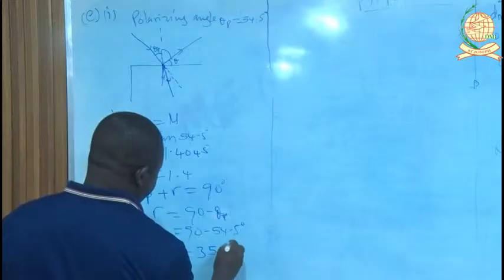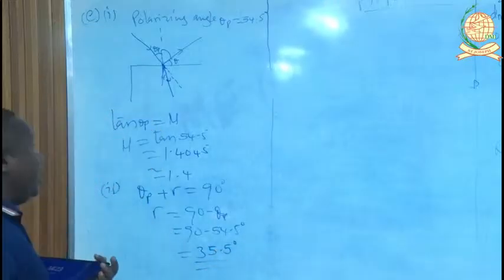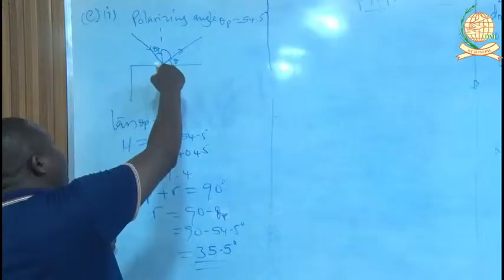So this is the angle of refraction for the transmitted ray.